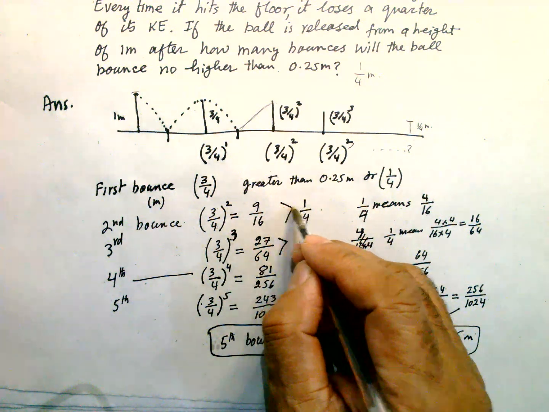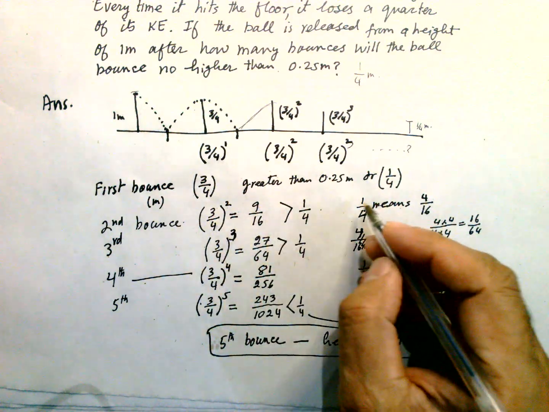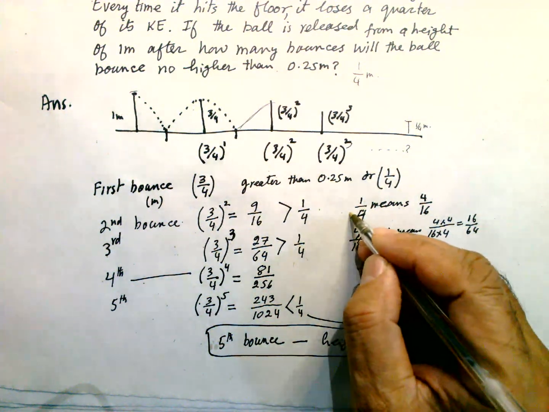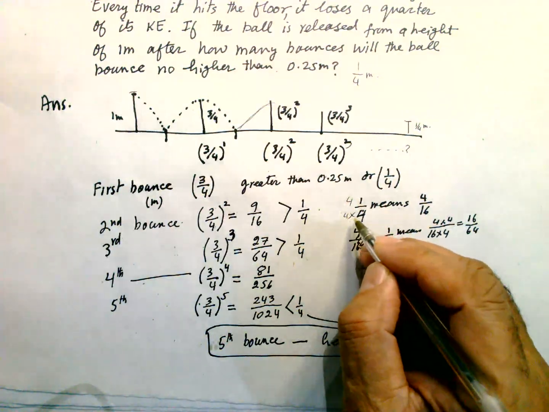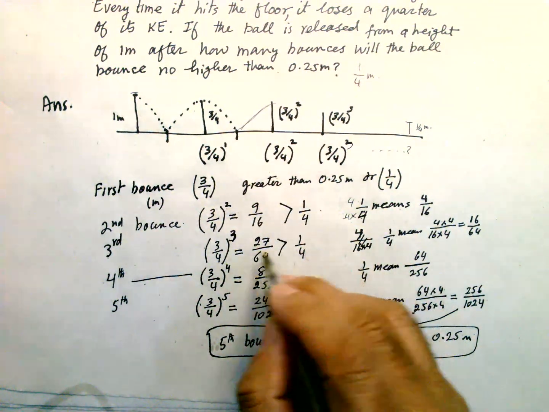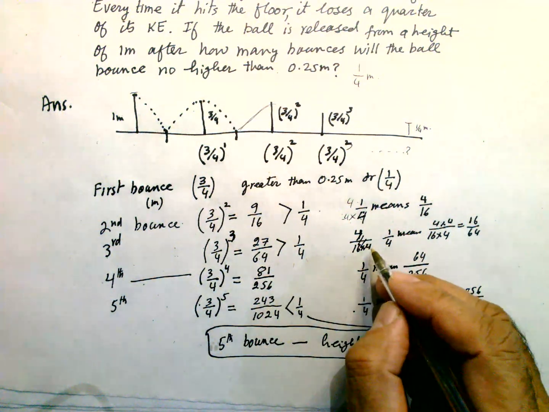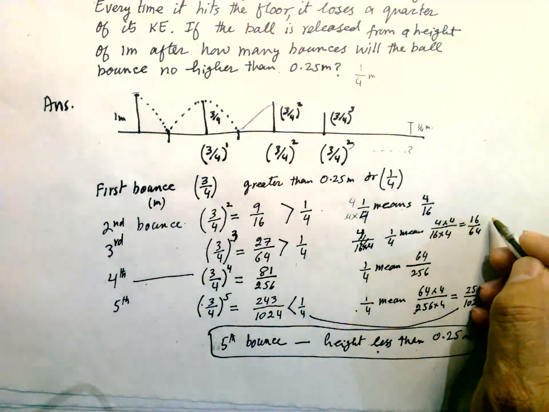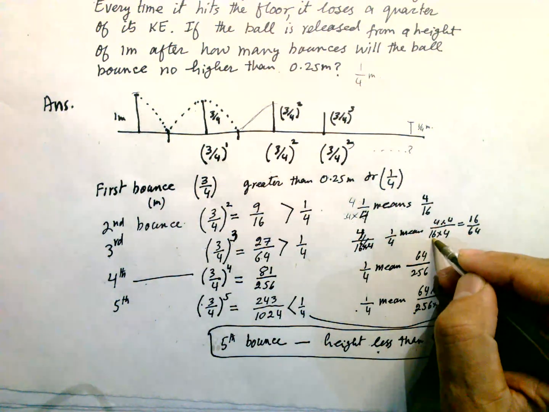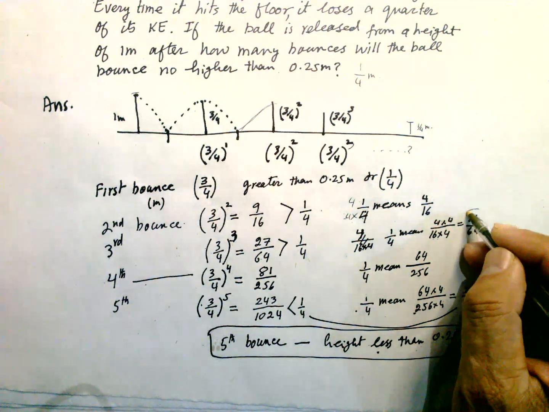So it is still greater, because 1 by 4 multiplied by 4 and divided by 16 gives 4 over 16. 9 is greater than 4. Third one is 27 over 64, and this one is 1 by 4, which is 16 over 64.